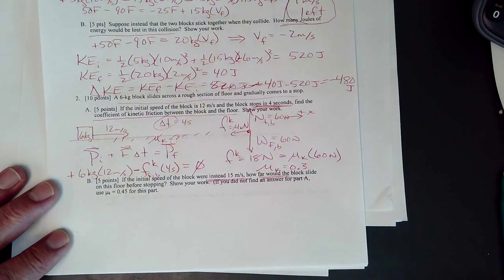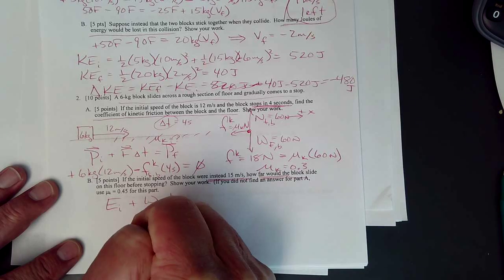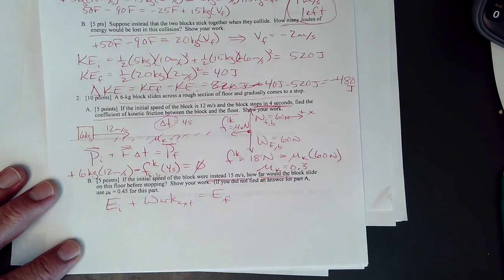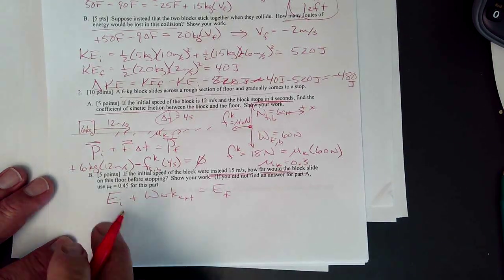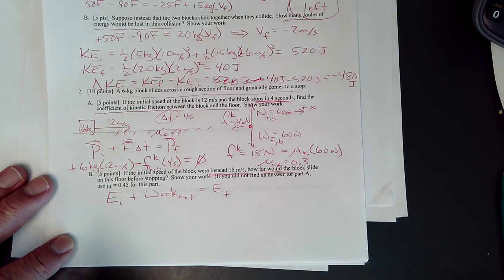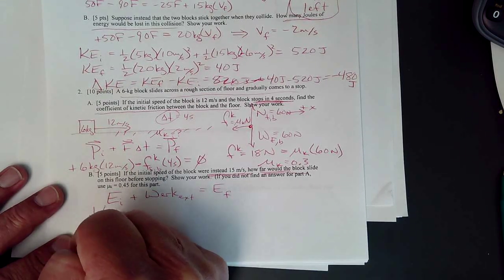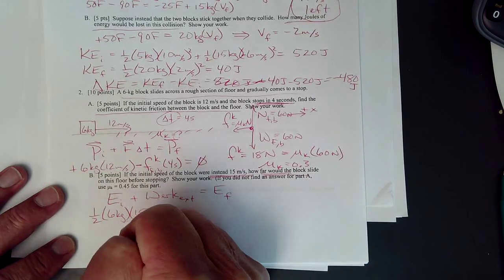Well, this is not a collision, and it doesn't involve time, so this is energy. Energy initial plus work done by the friction is going to be energy final. Because everything stays on the floor and there's no springs in this problem, by energy we mean kinetic energy. That's going to be initially 1/2 times 6 kilograms times 15 meters per second squared.